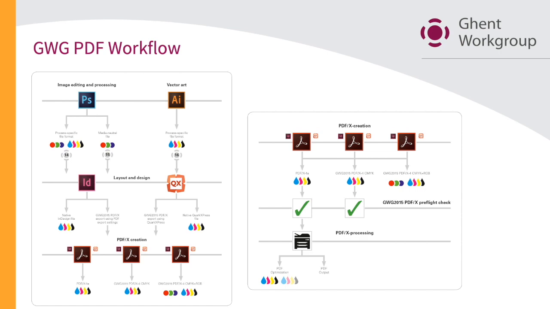There's still a requirement in the market that a PDF file shall only contain CMYK and spot color. So we created a variant called Gantt Workgroup 2015 PDF/X-4 CMYK, where the PDF creation process converts everything from RGB to CMYK. Again, spot color gets preserved. That's the middle variant.